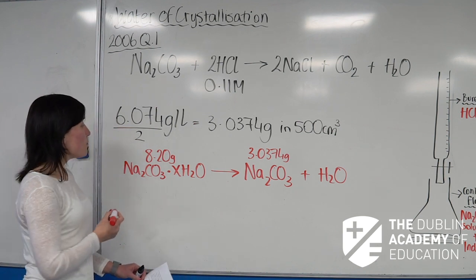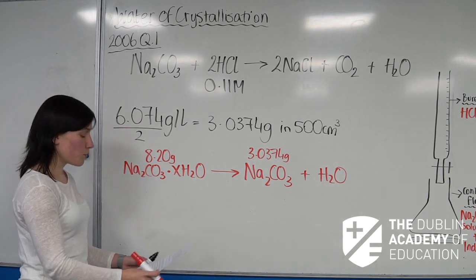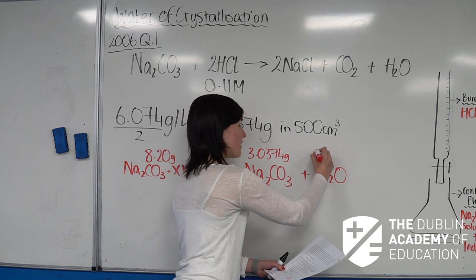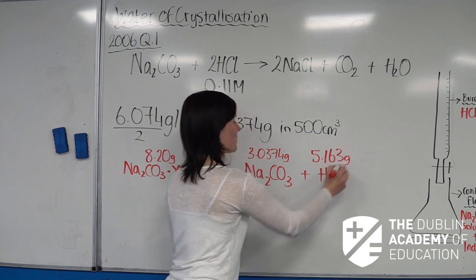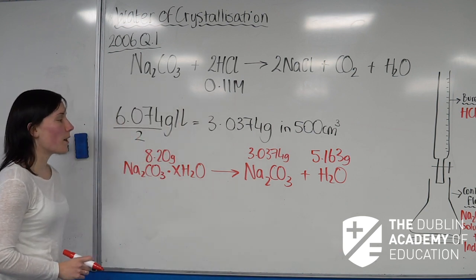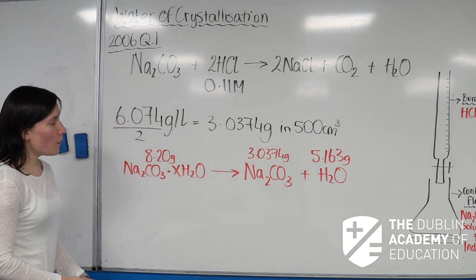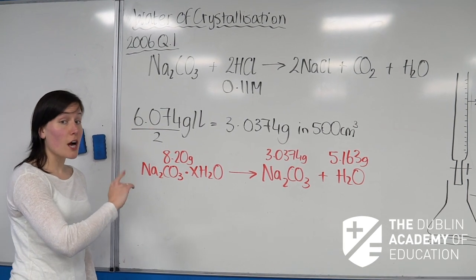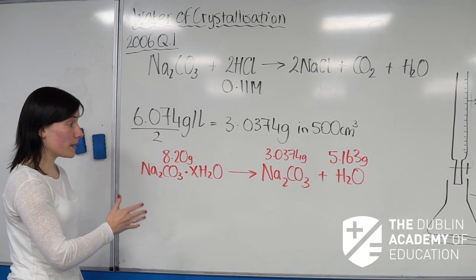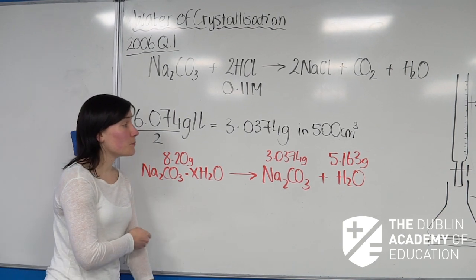So if we do that, 8.20 minus 3.0374, we get 5.163 grams. So what we need to do now is work out the ratio of sodium carbonate to water in this hydrated crystalline substance.